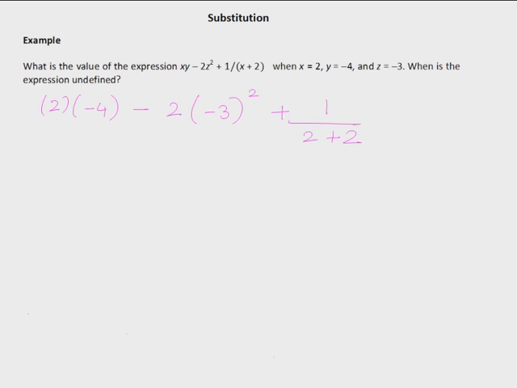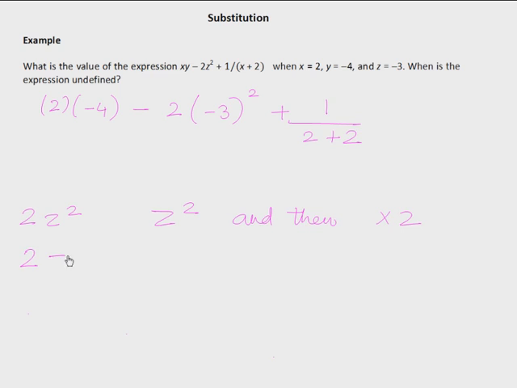Now 2z square, that expression is ambiguous. Is it 2z the whole squared, or is it z square multiplied by 2? Well, of course, it's z square multiplied by 2 because exponents have a higher priority than multiplication. So 2z square means z square and then multiply times 2.